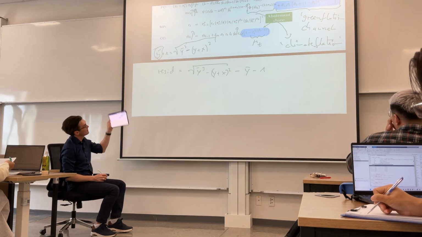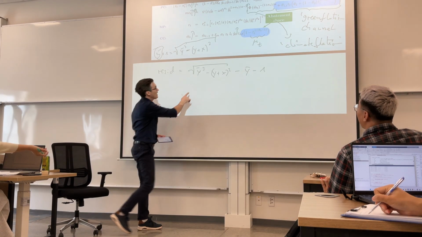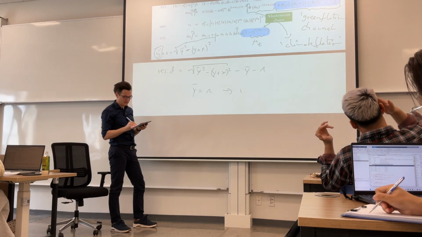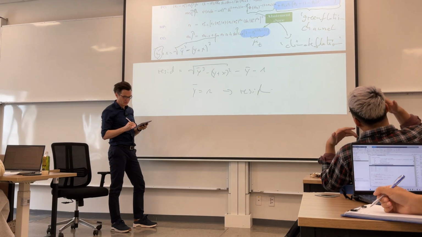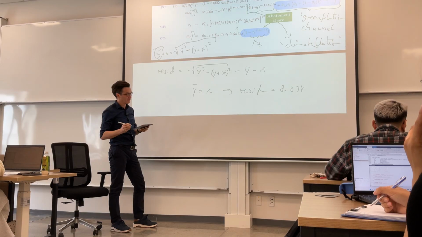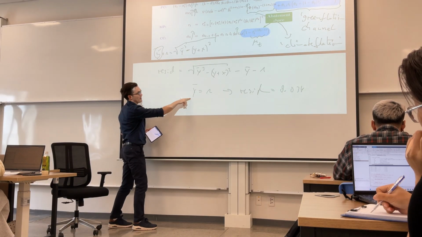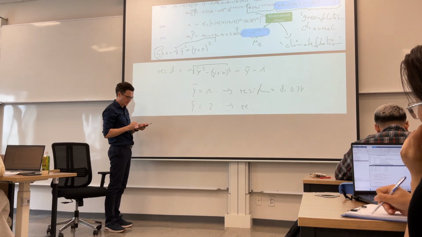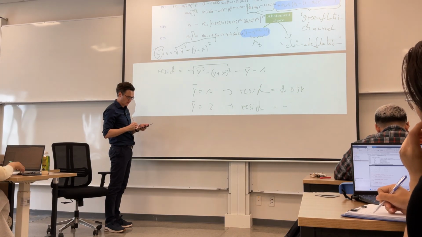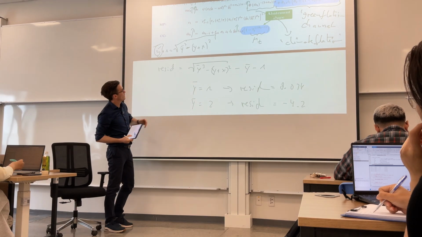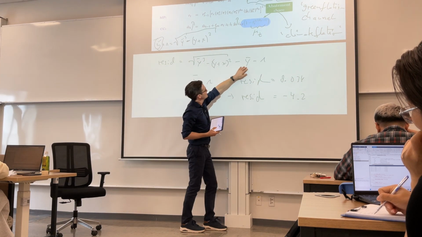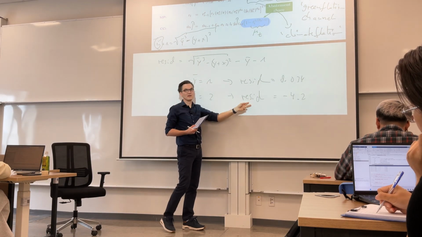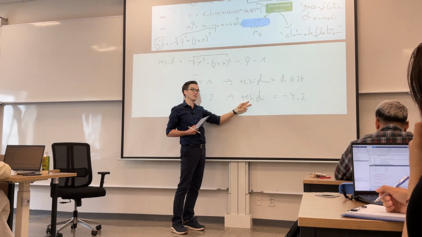We tried y bar equal to 1, and we get that the resid is equal to 0.034, whatever. Then we tried y bar equal to 2, and we find that the resid of this equation is equal to minus 4.2. So by having different y's in this equation, we see that the residual either is positive or negative. That's fantastic, because we want the residual to go to 0.